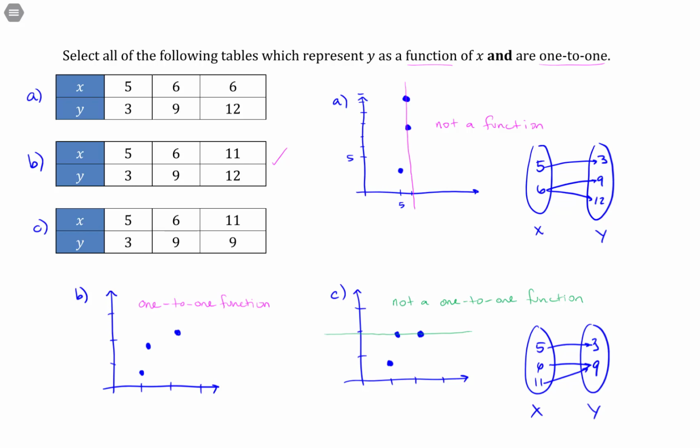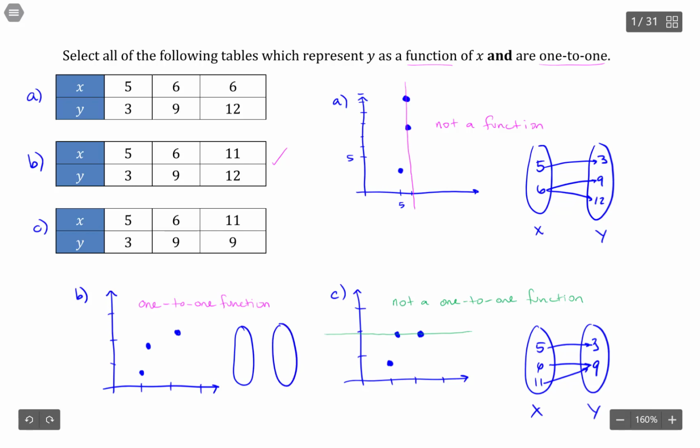But the reverse is not true. So you could use one of these bubble charts as well. What you're looking for in a one-to-one function is something like we see in B, where we have 5, 6, and 11 corresponding to 3, 9, and 12. So there's just a single mapping from each point over to the other point in the range.